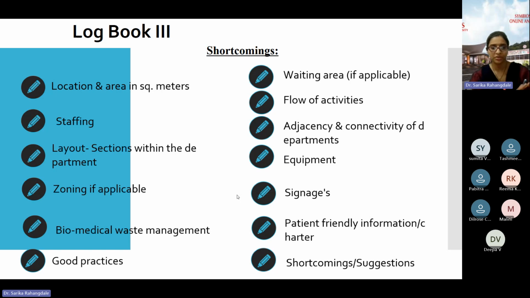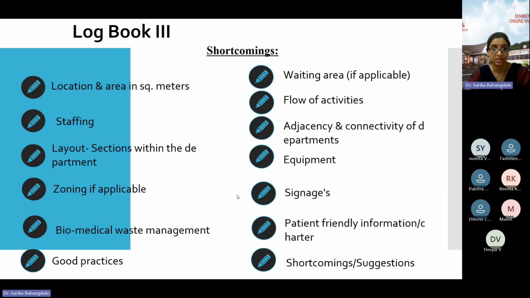Or every fourth patient will get a discount in some way, like a 10% or 50% discount. Such good practices are followed in many hospitals. So if it is happening in your hospital, you can mention it.